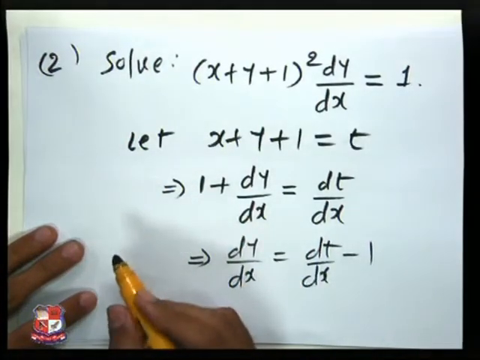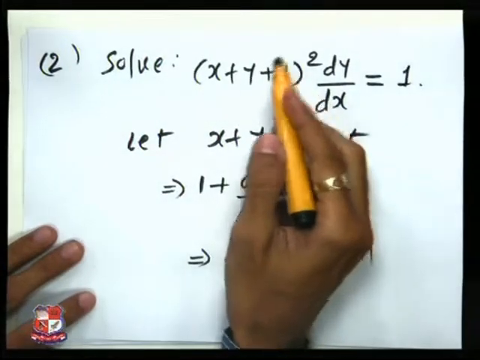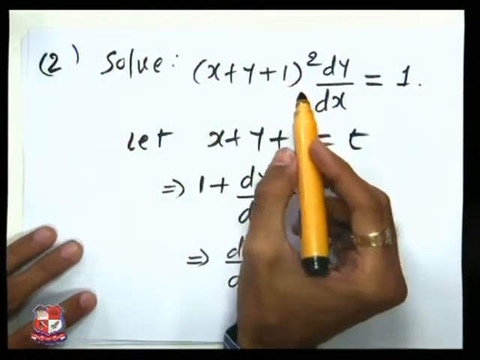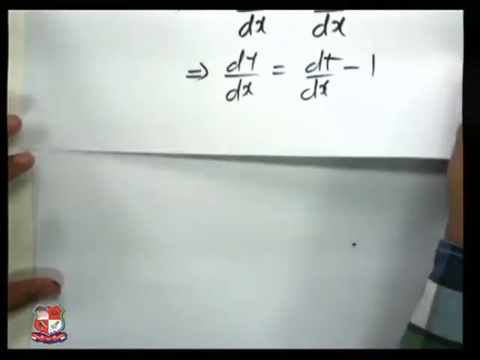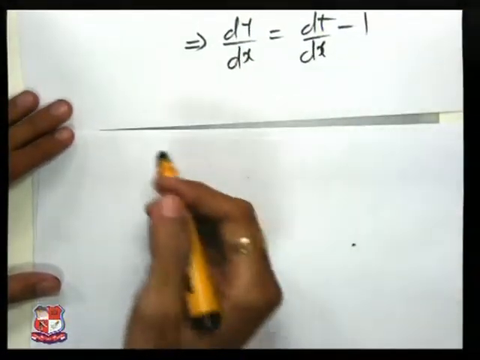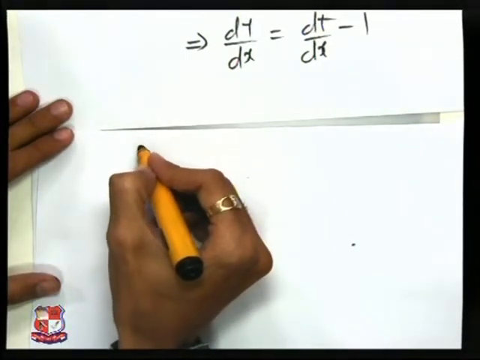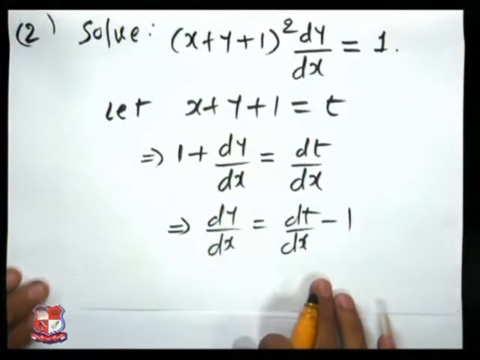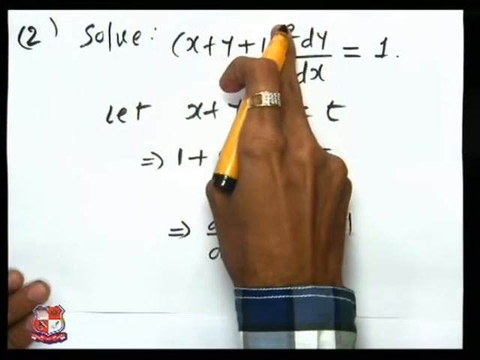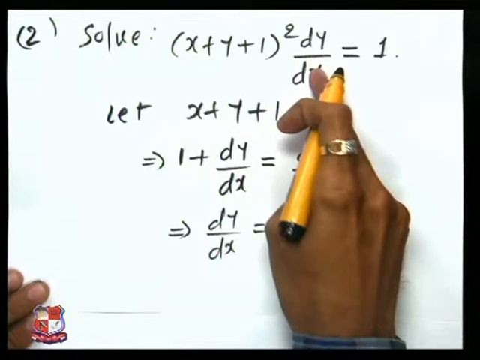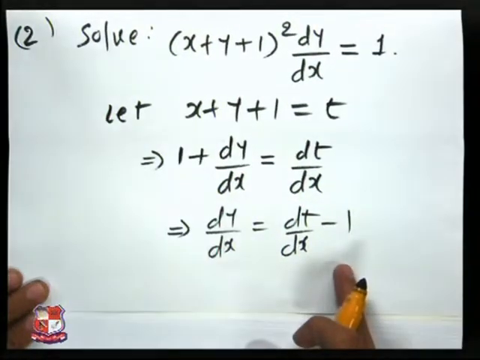Okay, so by putting this value in this equation, we will get the equation: x plus y plus 1 whole square, where x plus y plus 1 is equal to t. So this is t square into dy by dx, and dy by dx is dt by dx minus 1.